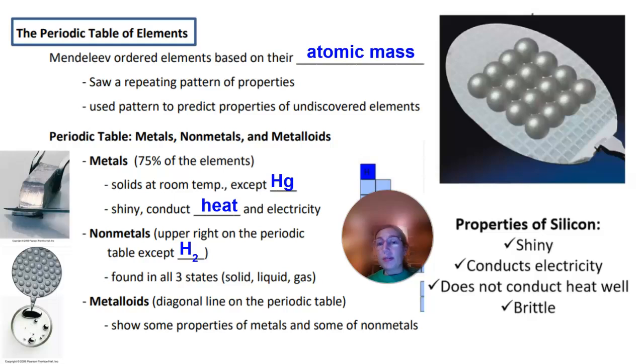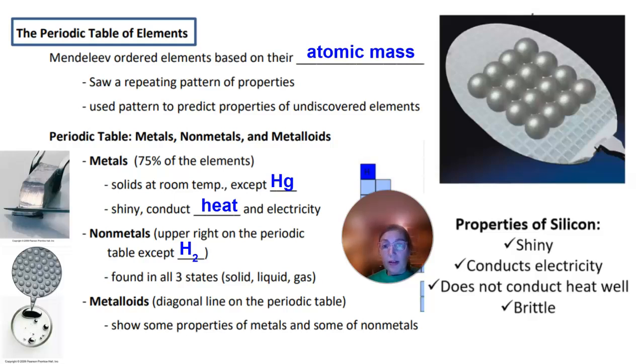When we hear about the semiconductor industry and Silicon Valley, this is where computer processing chips are often researched or made, or we're talking about the use of silicon in computer processing. Silicon's really interesting as a metalloid in that it is shiny and it does conduct electricity, but it doesn't conduct heat very well.